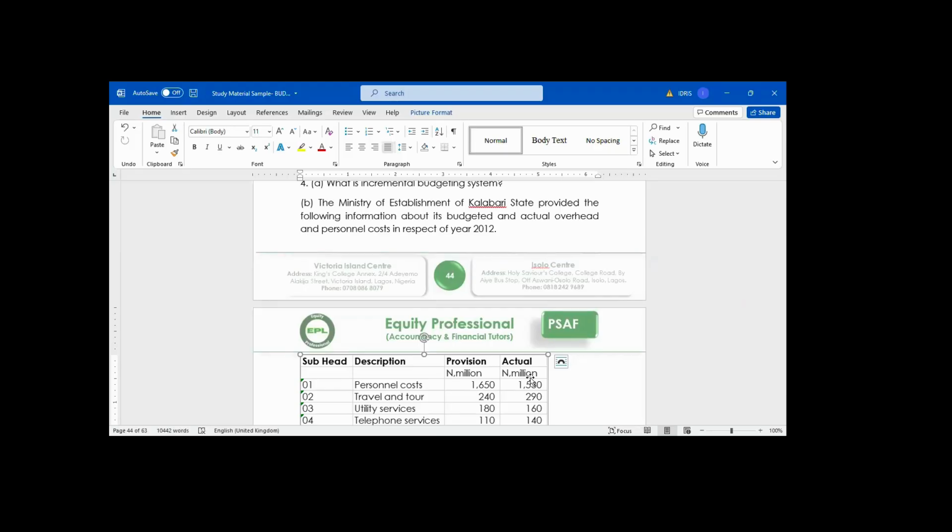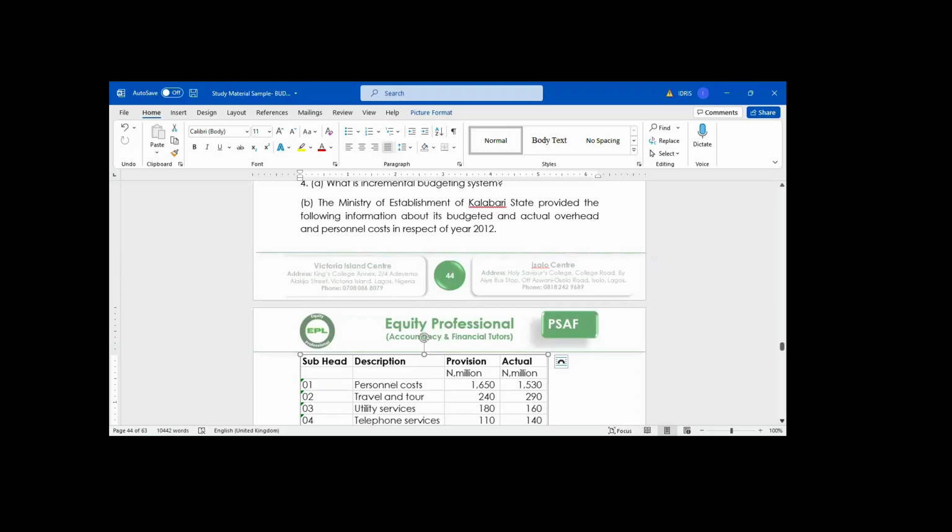Actual, because actual is more realistic than the provision, the budget. Assuming we are not given actual, we can use provision. Do we understand? Yes, sir.